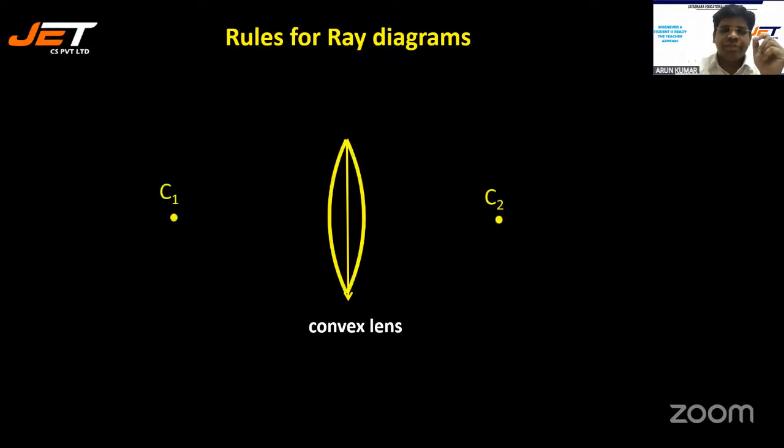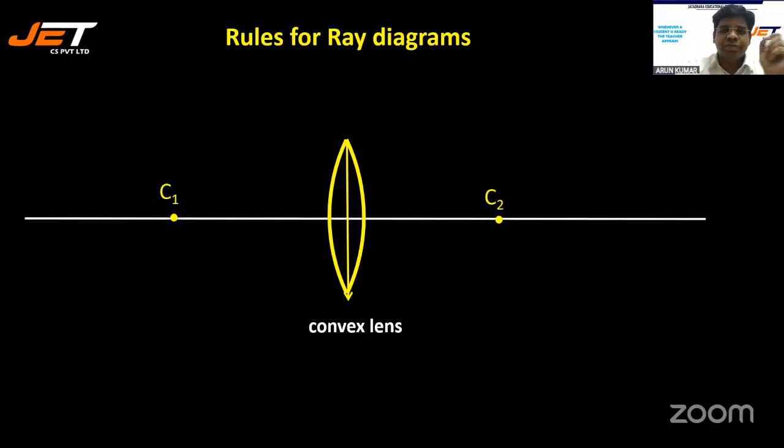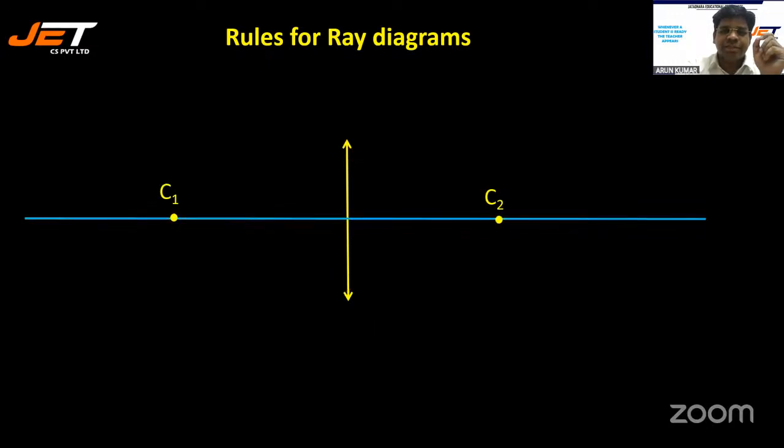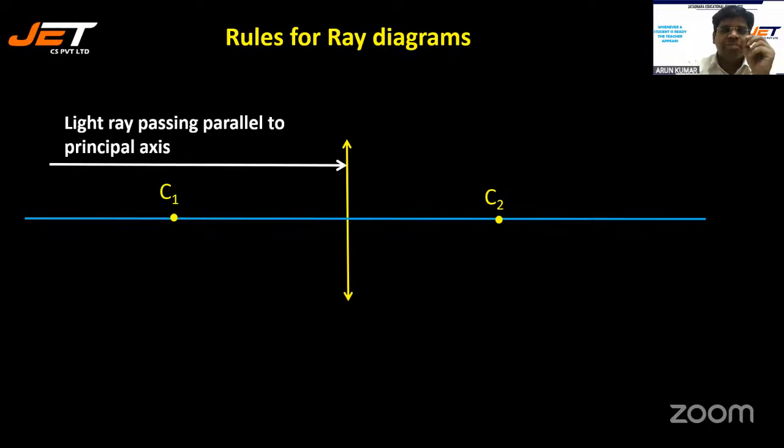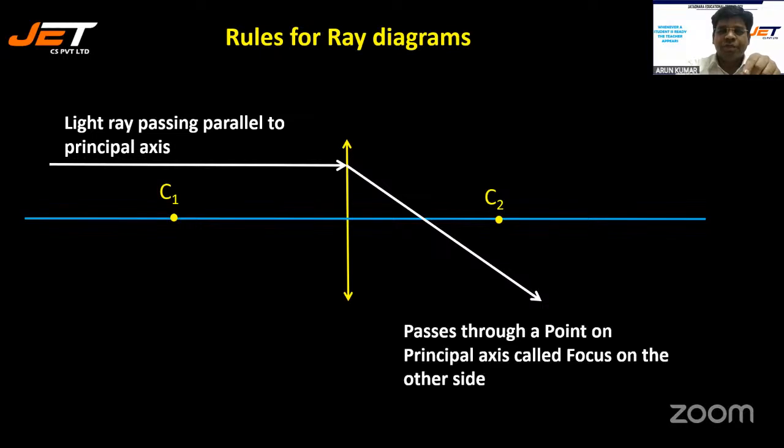Here's a convex lens. Here are C1 and C2. The line joining C1 and C2 is the principal axis. I remove the actual structure of the lens and represent it with a double arrow. Here is the incident ray parallel to the principal axis. A light ray passing parallel to the principal axis refracts and passes through the focus.